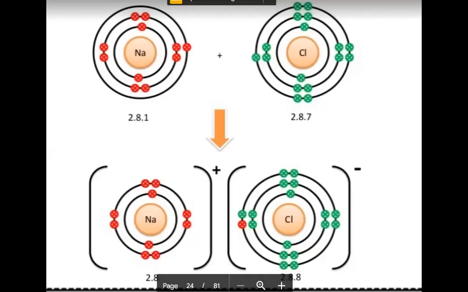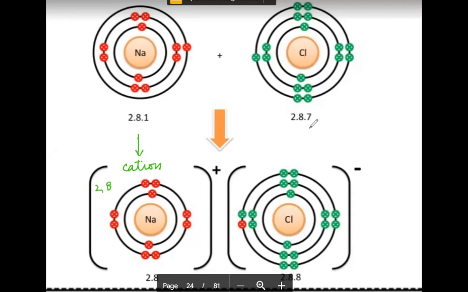Okay, till now we have seen how the metal forms a cation and how the non-metal forms an anion. So this is a metal, which is sodium. It is going to form a cation here, on losing an electron. Its configuration is 2, 8.